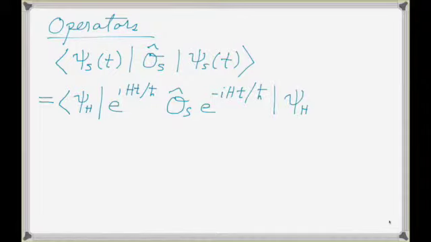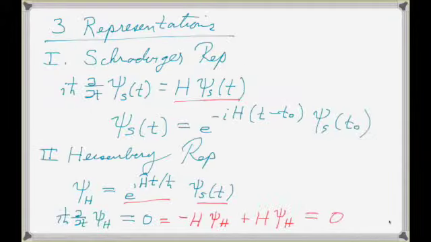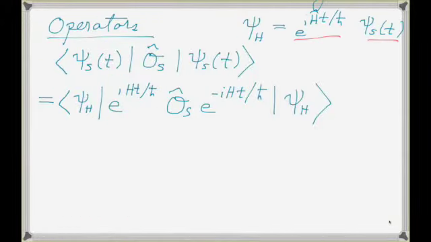psi_H. So these exponentials I put in are just killing off the exponentials in the definition of psi_H. This is how we define psi_H. This exponential is just killing off this exponential, right? And when I take the Hermitian conjugate, this one over here kills off the Hermitian conjugate of this.